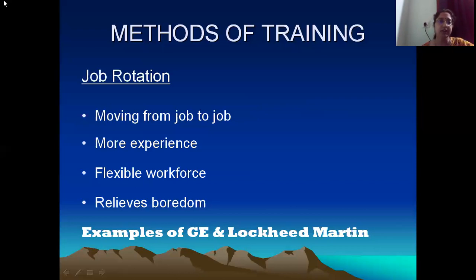They should also learn how to train others in case they get placed in the training and development department in the future. They should also learn how to administer compensation, how to give the wages and the salaries.